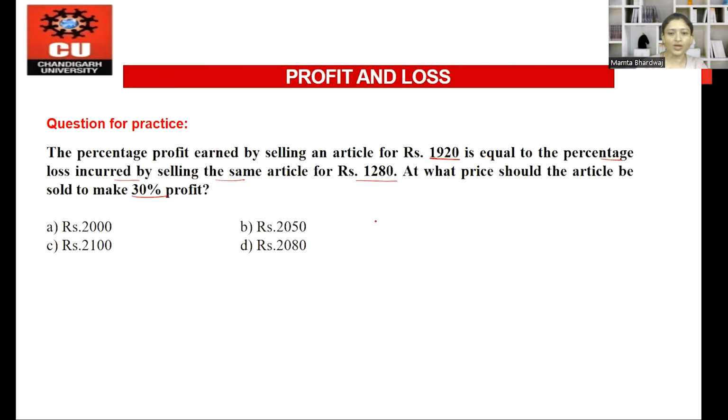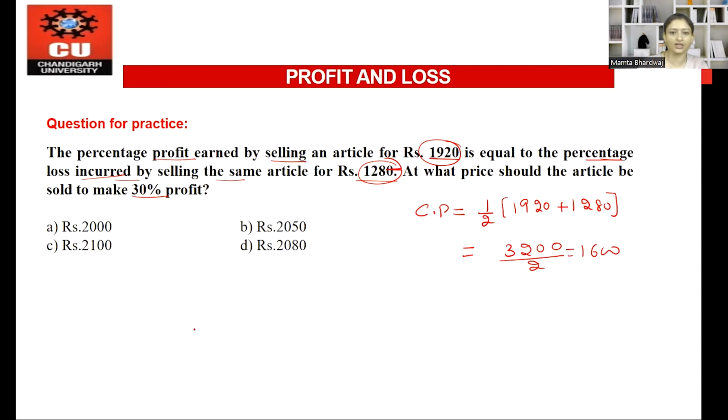Do remember one thing: whenever the profit percent by selling an article for some value is equal to the loss percent by selling the same article for another value, the cost price will always be equal to half of the sum of both the selling prices. So here the total becomes 3,200, and half of 3,200 gives us 1,600.